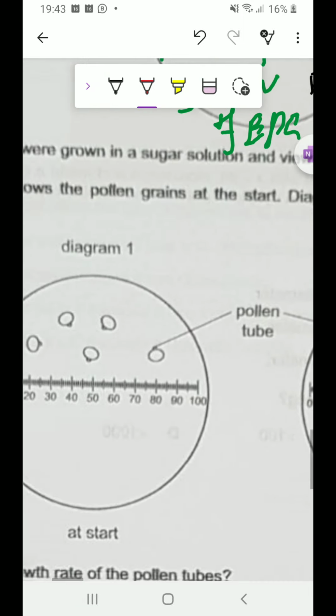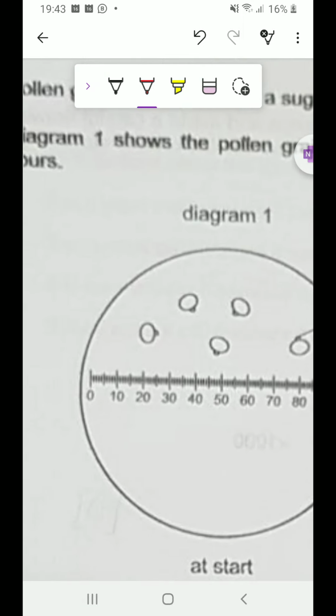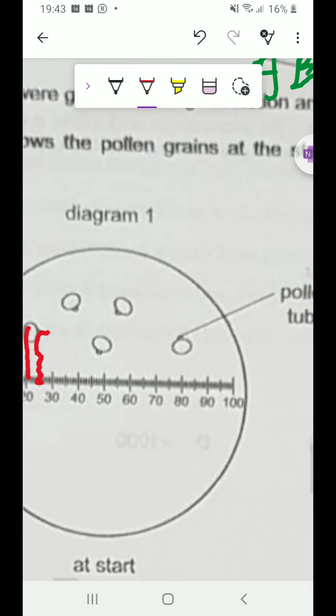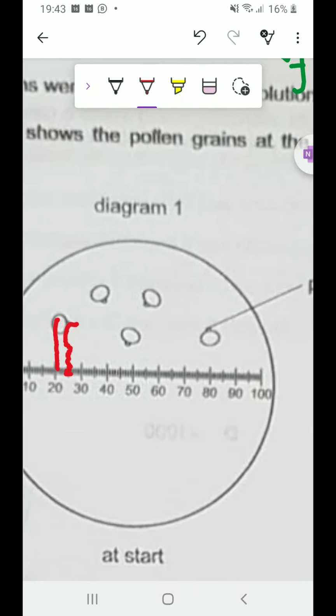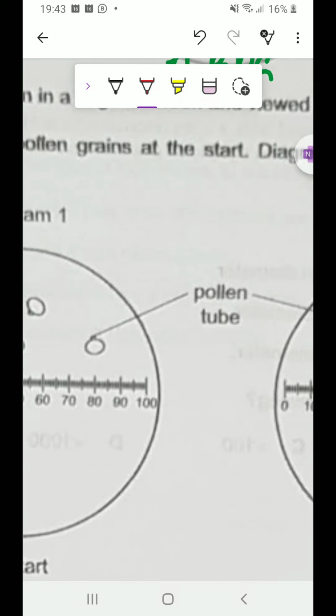In diagram 1, if we look at this pollen grain, it is not very clear, but if we place a ruler and measure the length from this point to this point, it is around 5 divisions. This is the diameter of a pollen grain.